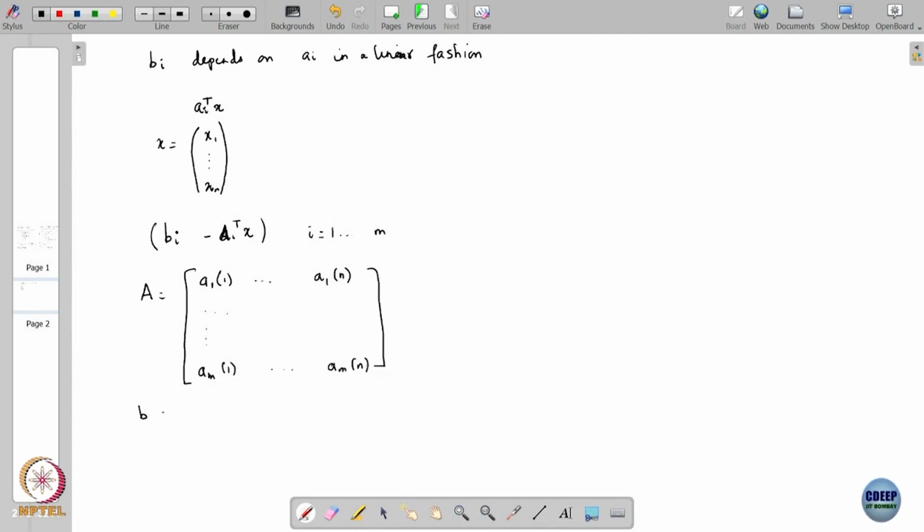Let me write B also as this column vector. These are the observed labels of the m data points. So A is now a matrix in R^(m×n), B is a vector in R^m.